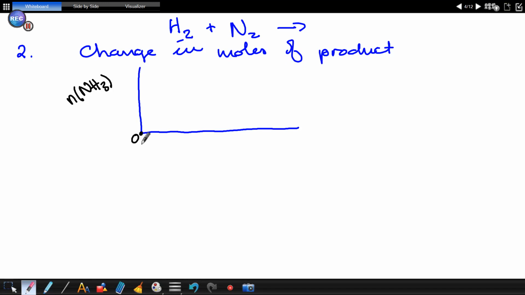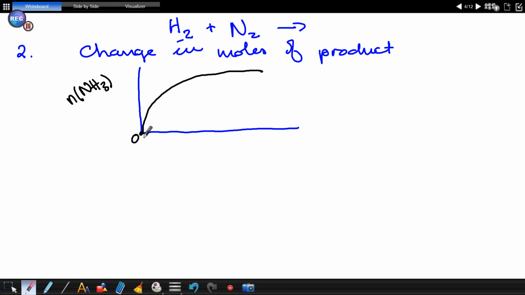And how is the rate of formation of ammonia at the start of the reaction? Does it form fast in the beginning, or does it form slowly in the beginning? Yes, I know the graph is like this, but it forms fast in the beginning.